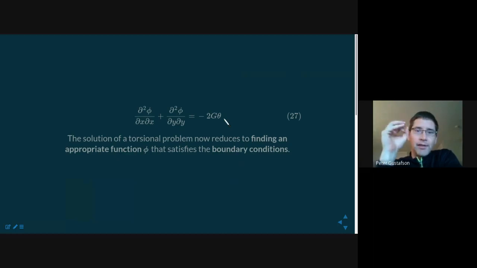The warping is constant as a function of x and y. In the z direction, the warping is the same everywhere along the shaft. Our in-plane displacements are now a function of where we are in the plane, but not a function of how far down the shaft we are. Okay, solving the problem now just means we need to find phi. We don't know what it is. We need to find it.